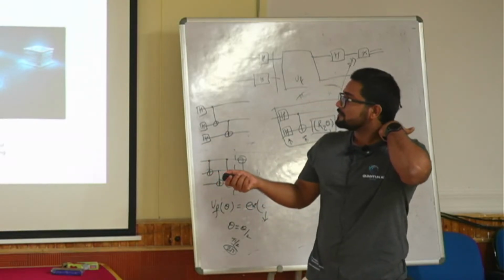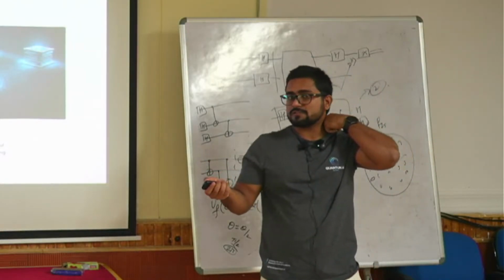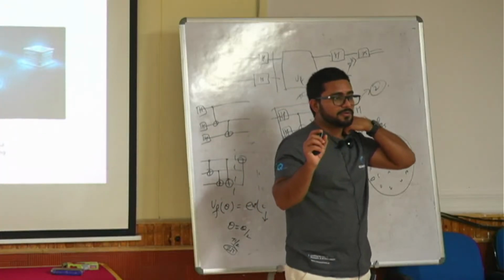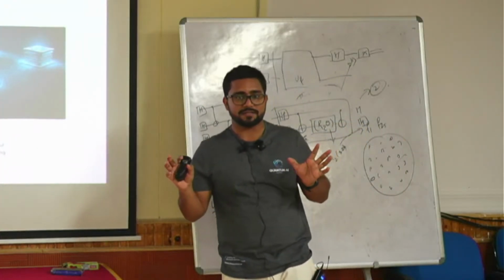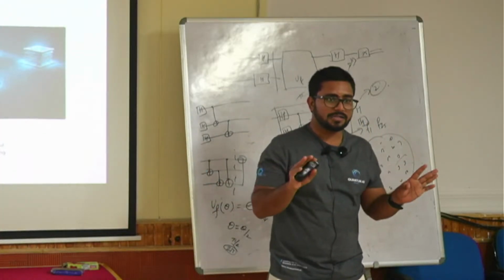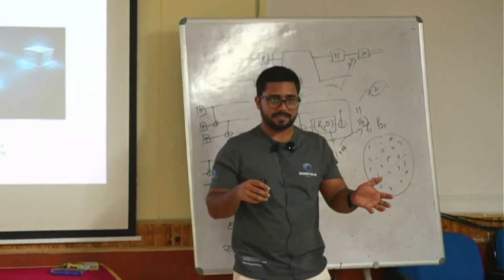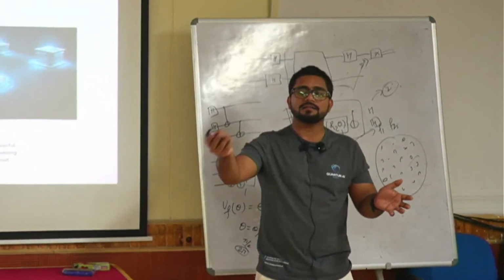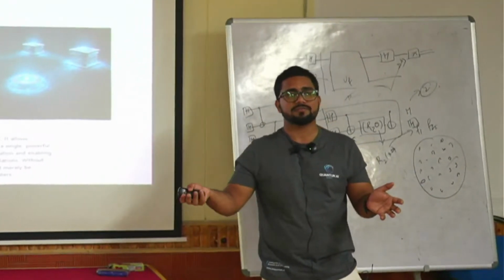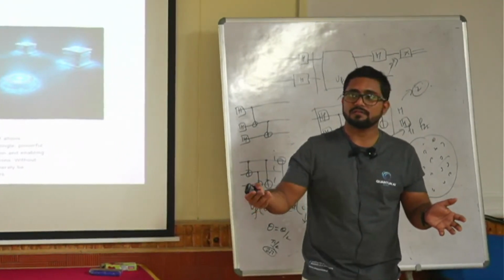Distributed quantum computing: let's say you have one quantum computer which has, say, 10 qubits. It cannot do certain operations, and another person has another quantum computer which again has 10 qubits, and so on.